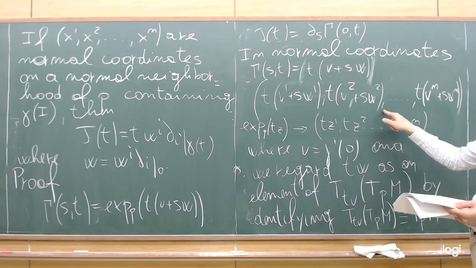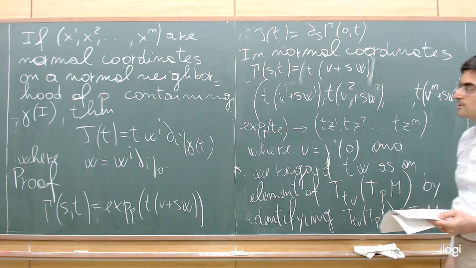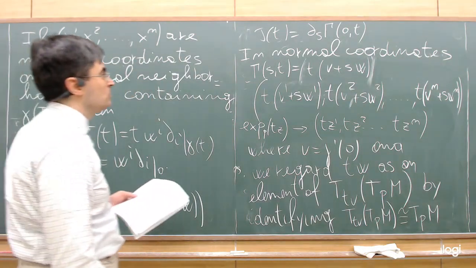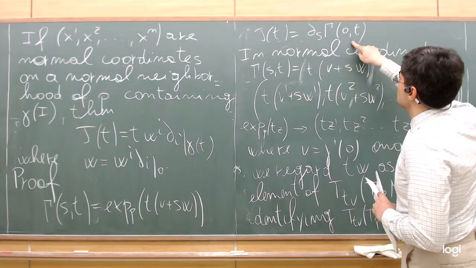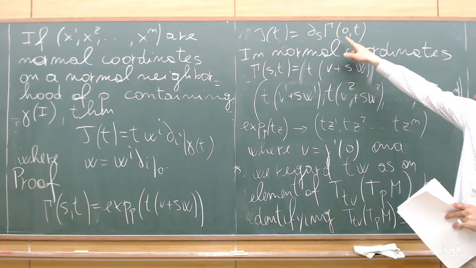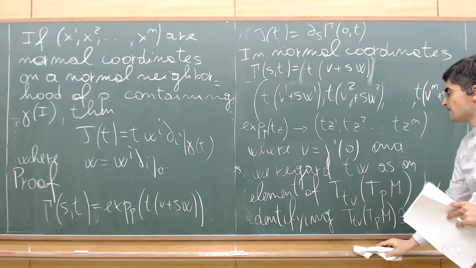And once again, if you want to get J, you take the derivative with respect to s of this formula and you evaluate at 0t.